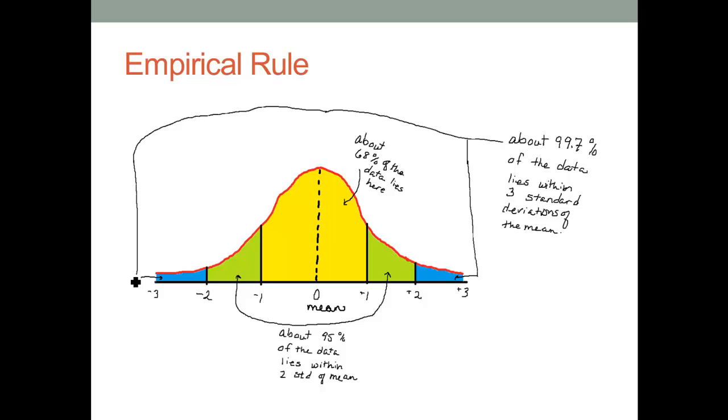If we were able to measure the height of every single human being, 99.7% of them would be in between these data values. There is more specific stuff on the empirical rule in your textbook, so make sure you look at that, all right?